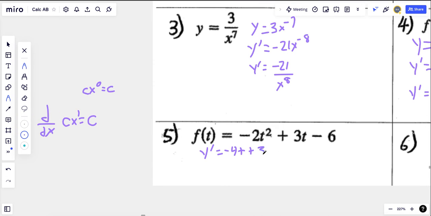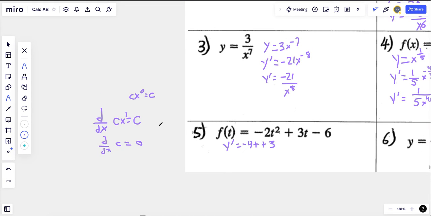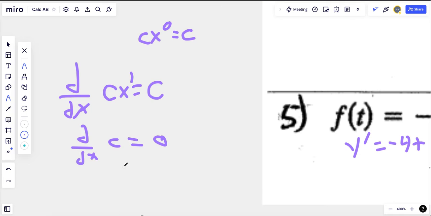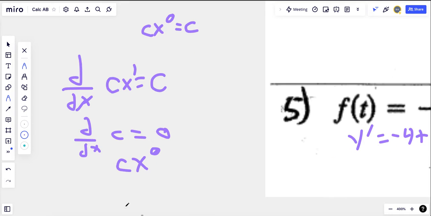So this is 3. And then the derivative of any constant is always 0. And you can show this the same way, because this is cx to the 0. If you use power rule, then it's just equal to 0 because you're multiplying this by 0.